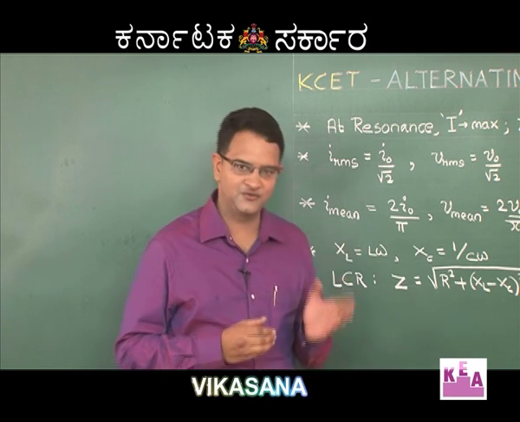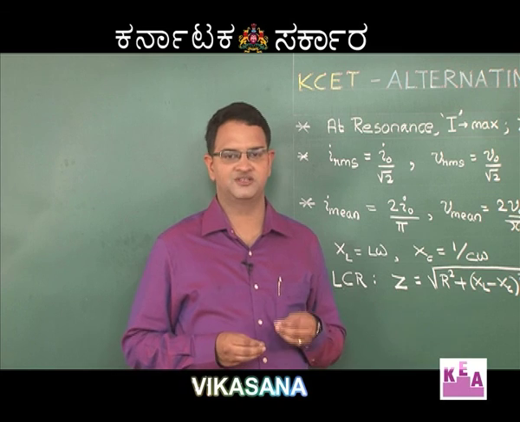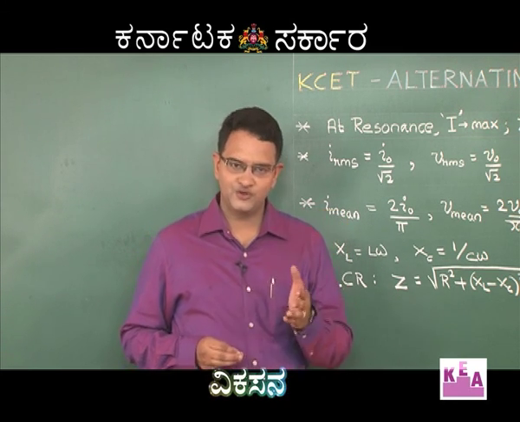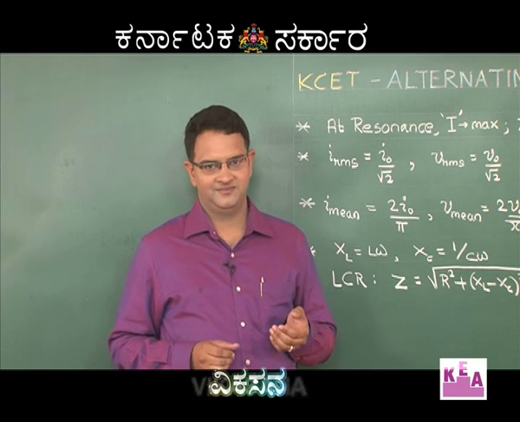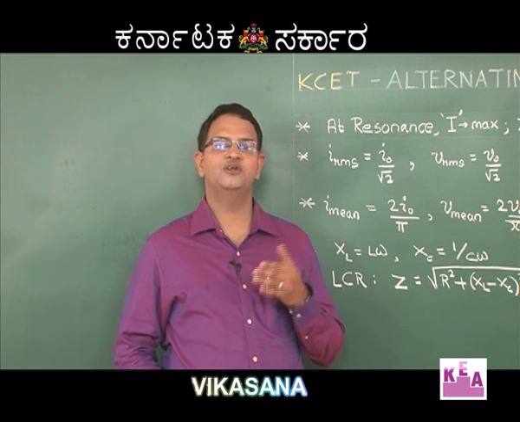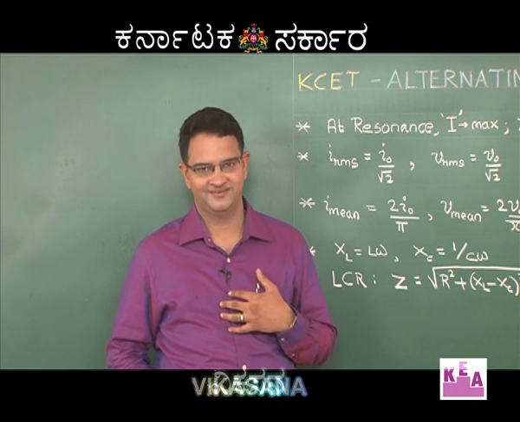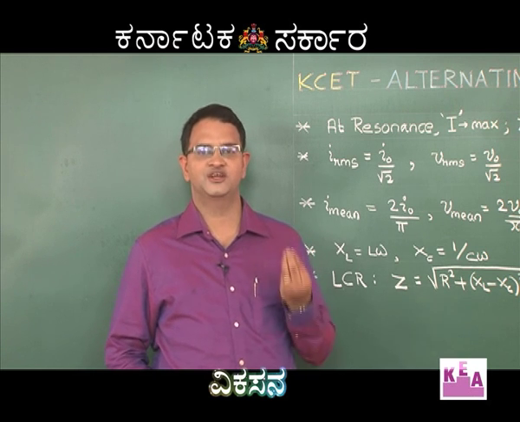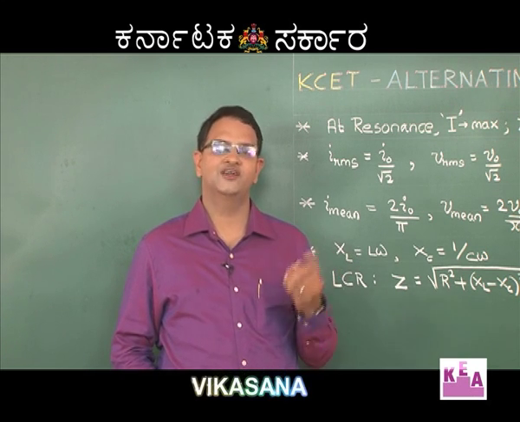So let us discuss a few important concepts from this chapter. Firstly, as you would know, in alternating currents, the current or the voltage is going to change both in magnitude and in direction. Usually, we are going to represent the current or the instantaneous voltage as a sinusoidal function.